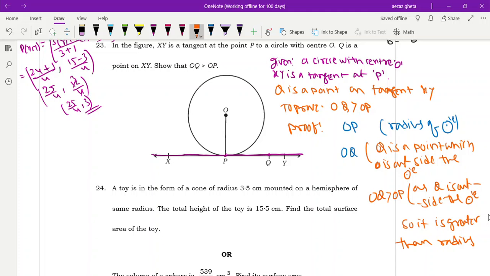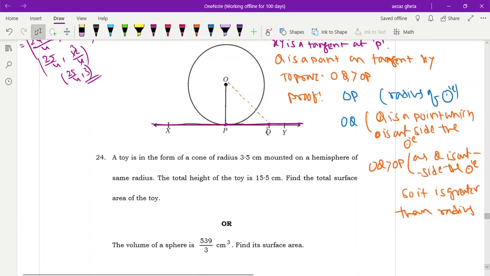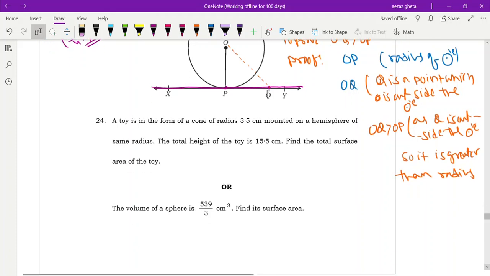You need to join OQ, and any point outside the circle will be greater than the radius. That you have to write.